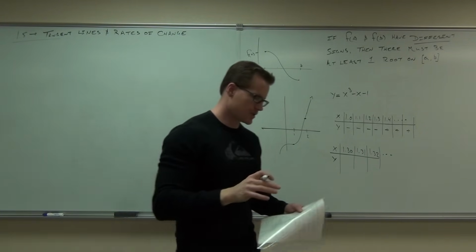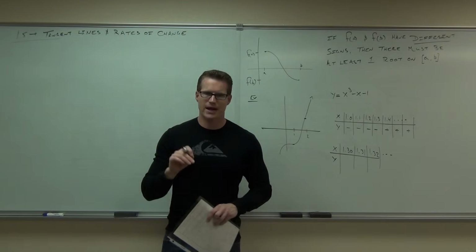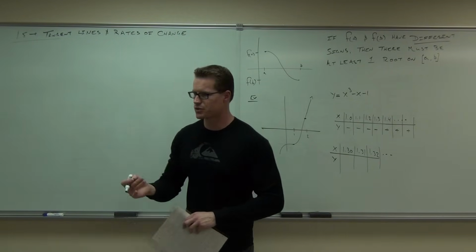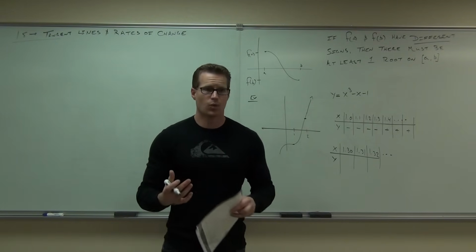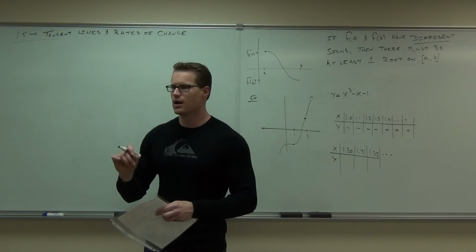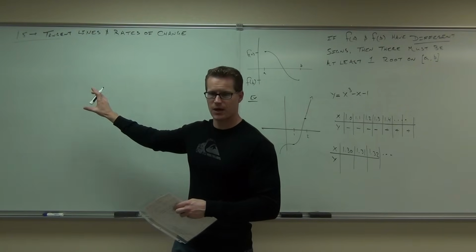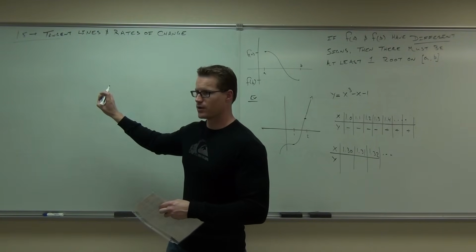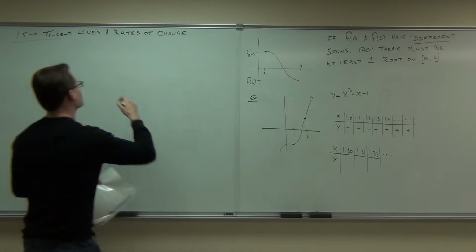So we're going to use limits to find the slope of a tangent line to a curve at a point. I'm going to actually write that down so you understand what we're doing. Again, in calculus, a lot of people get halfway through and they forget what it is they're actually doing. They just get caught up in the formulas and doing the math, and they're not really focusing on what they're doing. Anytime we do this process, we're finding the slope of a curve at a point, or the slope of a tangent line to a curve at a point.